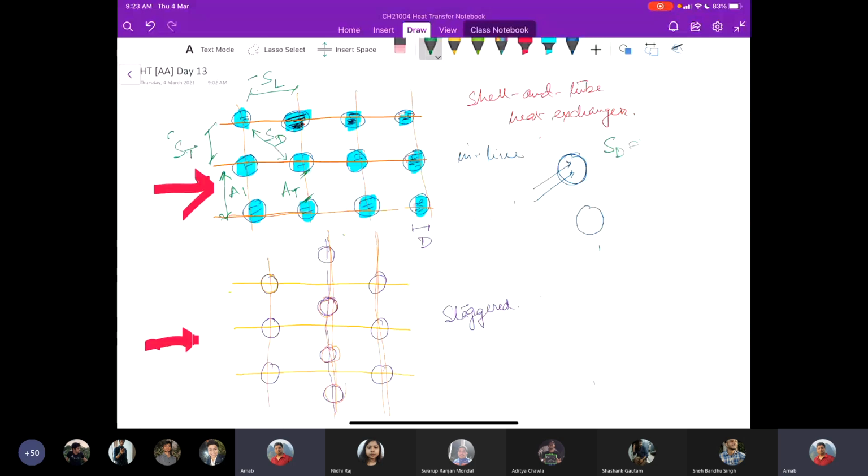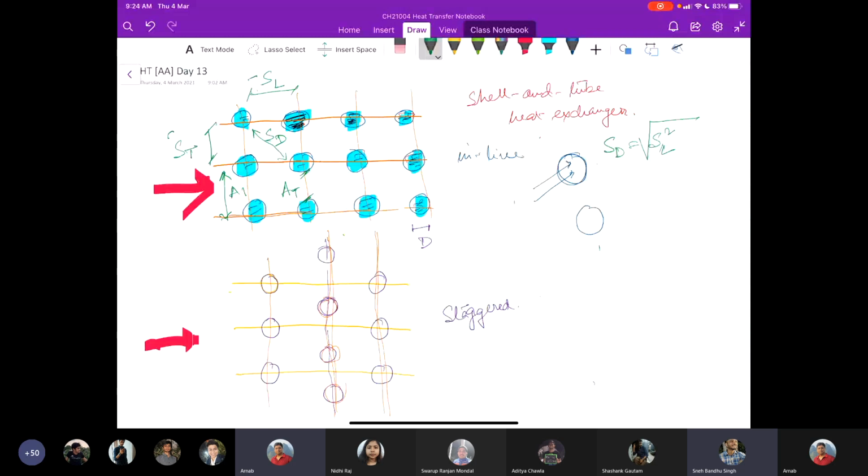The diagonal distance is the square root of SL square plus ST square.